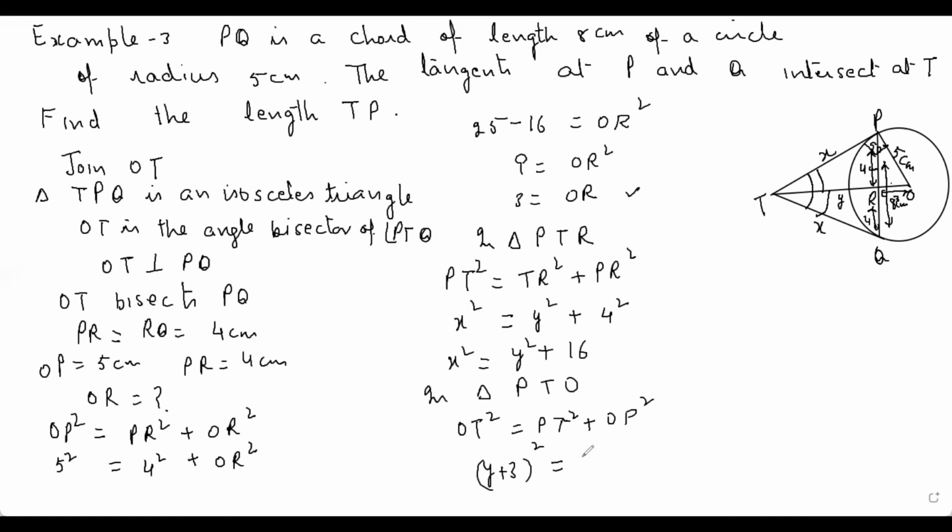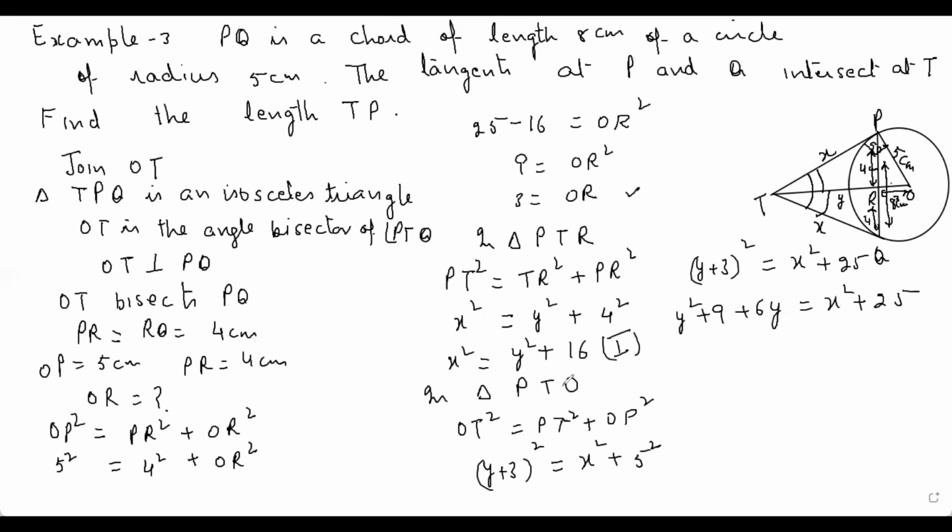What is PT? PT is X square. What is OP? OP is 5 square. So I have Y plus 3 whole square is equal to X square plus 25. Now, by identity, I have Y square plus 9 plus 6Y is equal to X square plus 25.